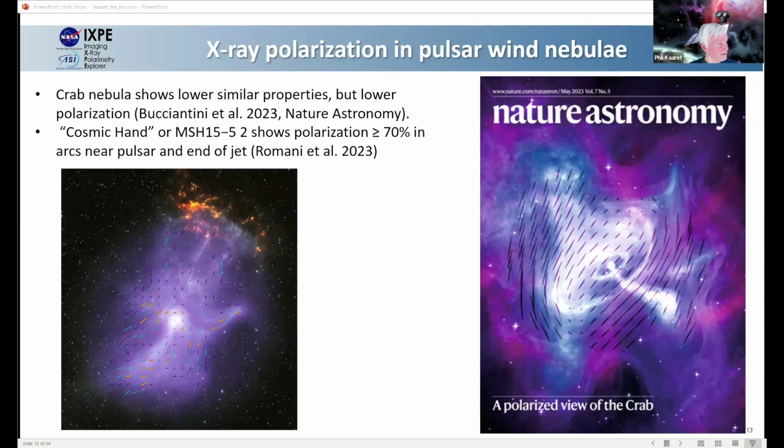And then we also did the one in the LMC, 0540, the twin of Crab. It's much farther away, much dimmer, and we don't resolve it well. But the results there, I think, are pretty much consistent with the Crab.